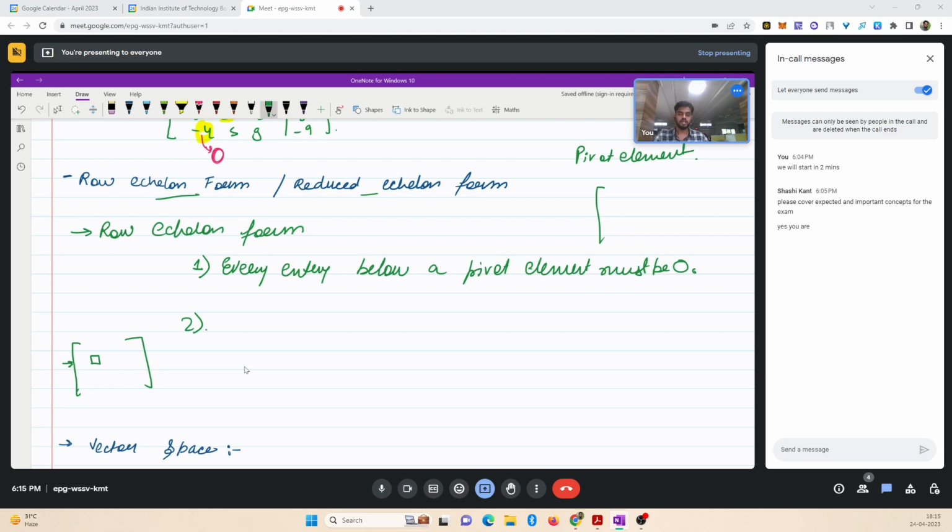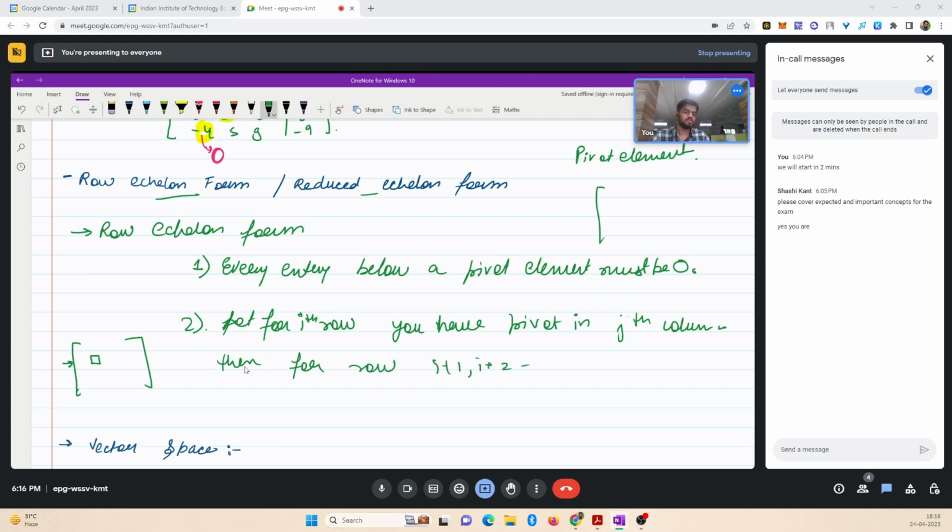And the second rule is that if you have, let's say, for the ith row, the pivot in the jth column, then for rows i plus 1, i plus 2, and so on, the pivot must be on the right of j. Okay.